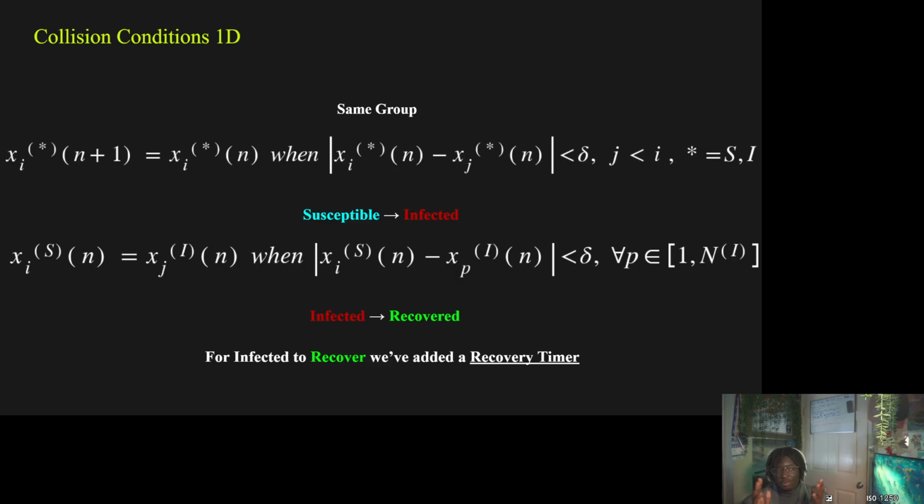That's for same group, but how do we define the collision between susceptible and infected? This second equation is saying that if you're an infected individual and I'm a susceptible individual, and you get really, really close to me, I'm now an infected individual.